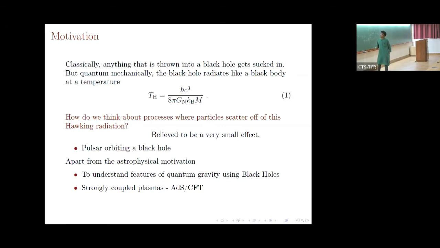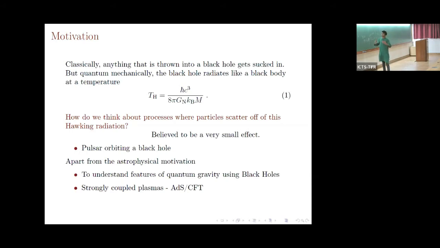To motivate the question a bit, an astrophysical motivation would be: if you have a pulsar orbiting a black hole and this pulsar is emitting electromagnetic radiation, how prominent is the effect of this radiation hitting the black hole and rebounding back? How much of this radiation would you see? Apart from this astrophysical motivation, there is of course a more quantum gravity motivation, which is to say black holes are like laboratories or test beds for you to try to understand quantum features of gravity.